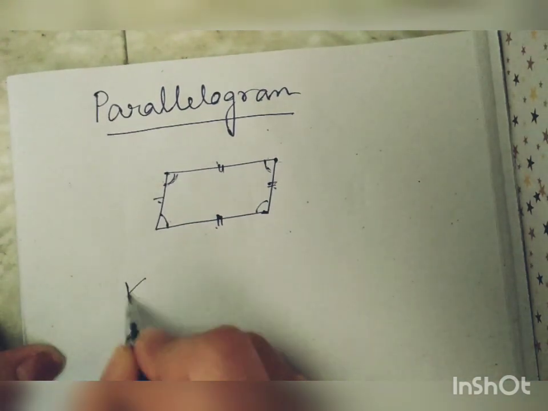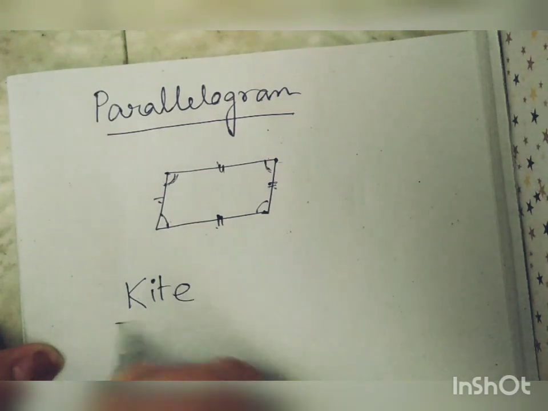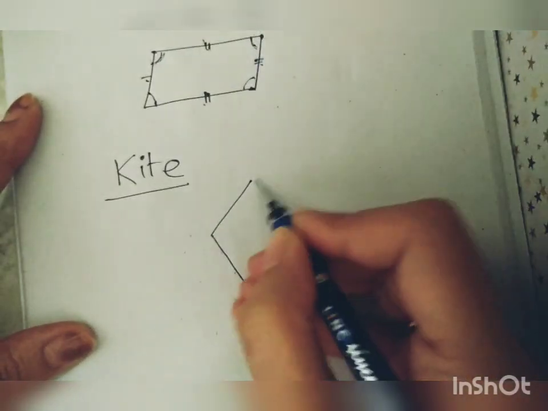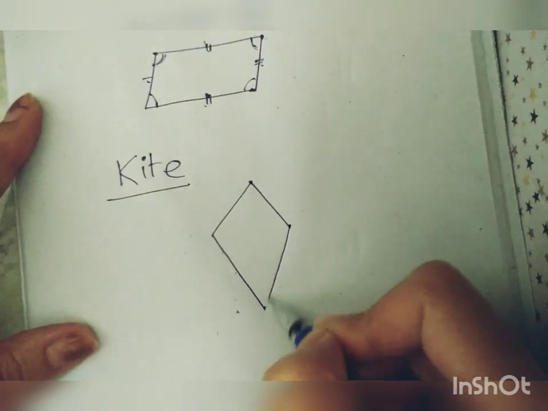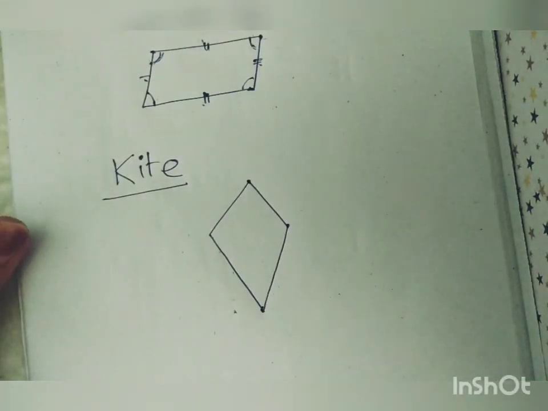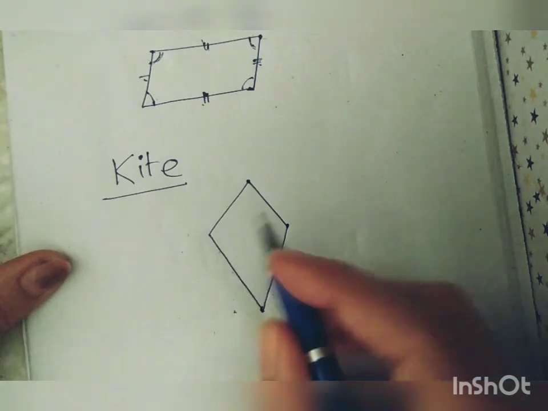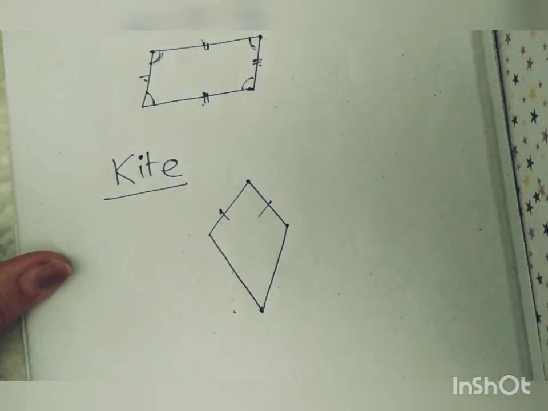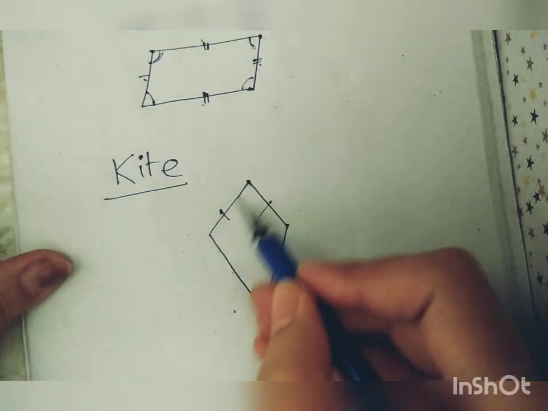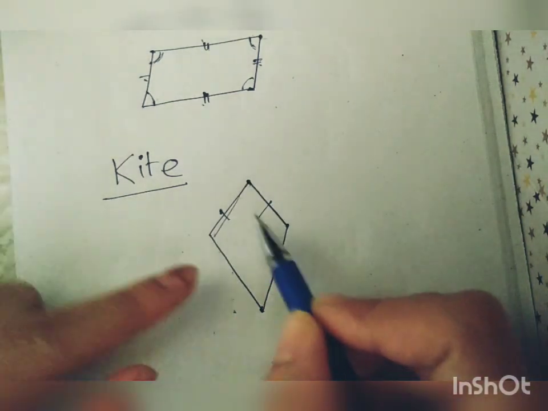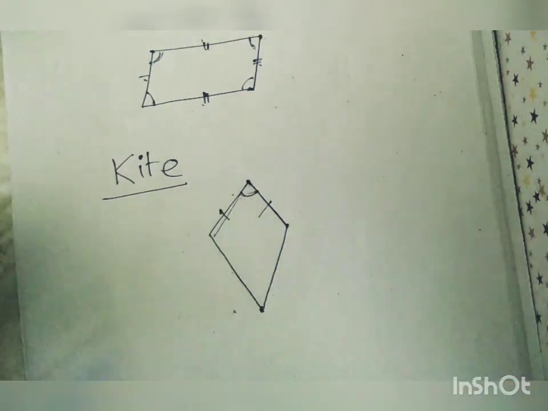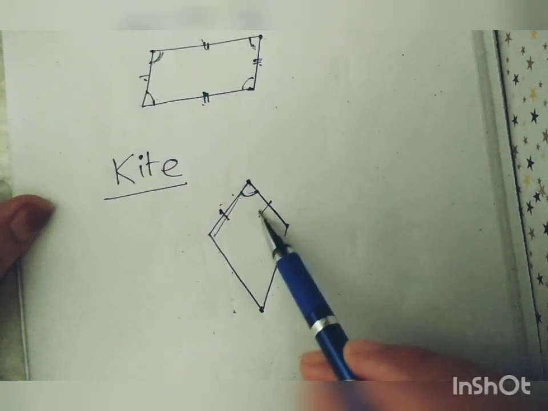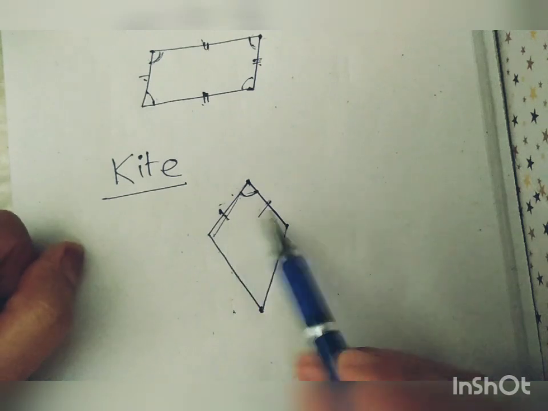Now let's talk about another type, that is kite. In this quadrilateral, its shape is like this. You all know the shape of a kite. Here you can see two pairs of equal length sides, and these two pairs of equal length sides are adjacent to each other, meaning whenever we get two sides which are equal in length, they will be adjacent.